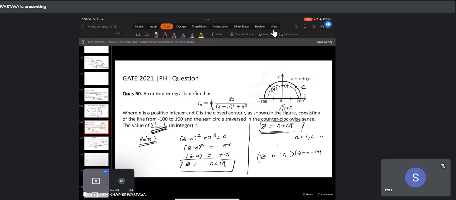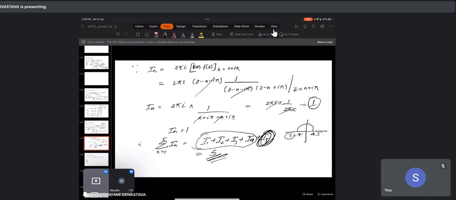Why? It will lie outside the curve. Actually, suppose this is from minus 5 to 5, then you will take up to 4 and neglect 5. Now is it clear?